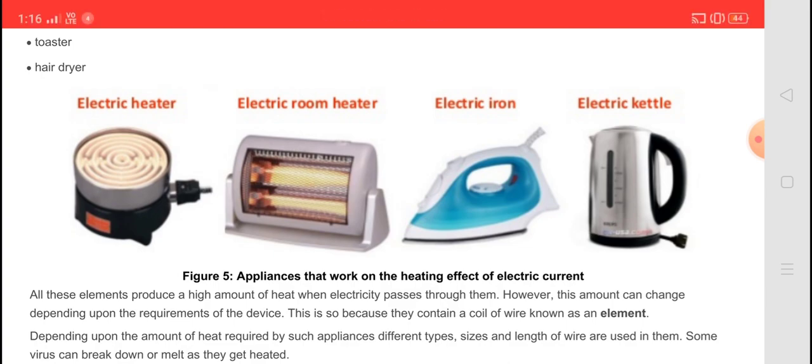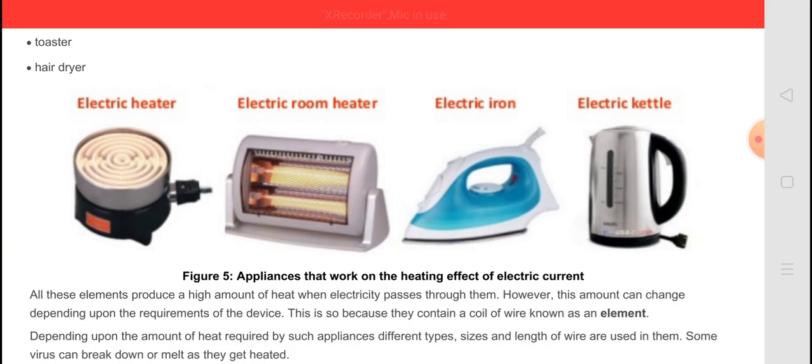The element becomes red hot because a lot of heat is produced in it on passing electric current, because of the high resistance of the nichrome coil. The cord or connecting cable of the heater, made up of copper, does not become red hot or glow because negligible heat is produced in it after passing the electric current.